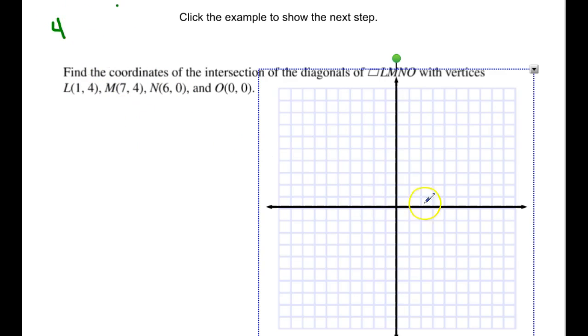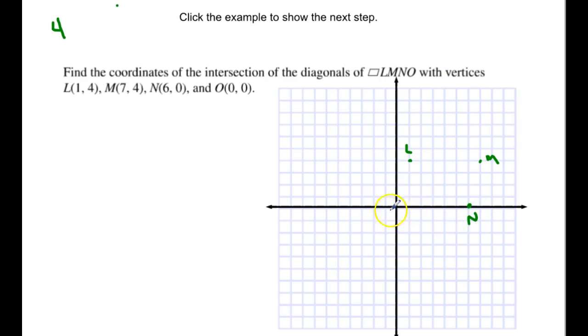Okay, so here we now have our coordinate plane so we can draw our points. So point L was at (1, 4), and I'm just going to label which points are which. M was at (7, 4). This one was M. N was at (6, 0). And O was at the origin.